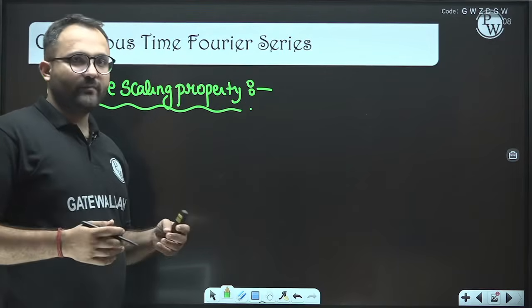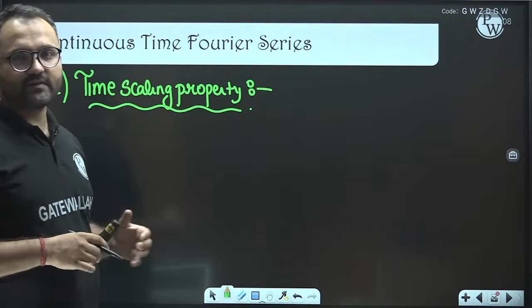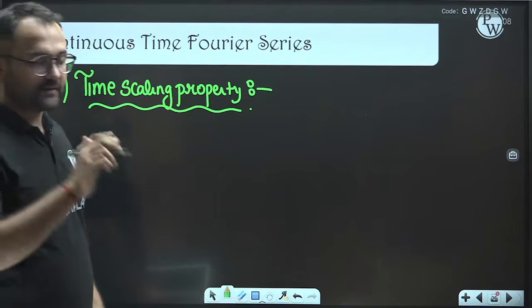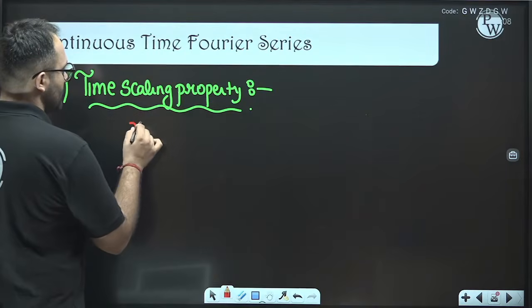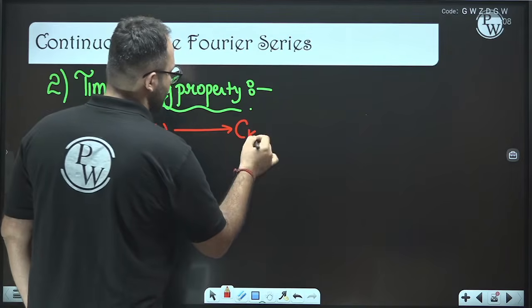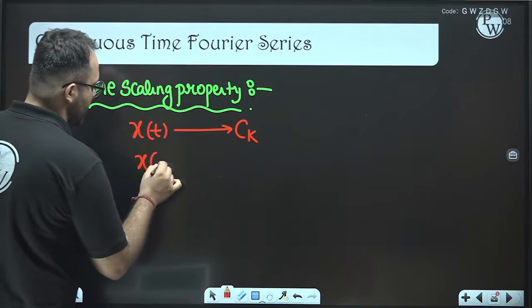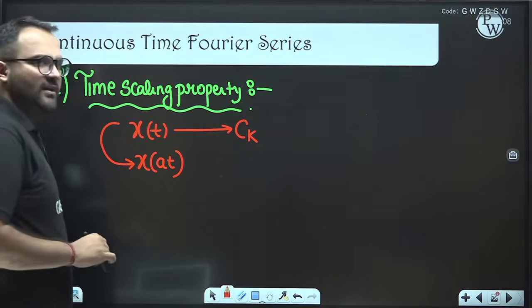It's a very simple property. You just have to remember this, because directly on this property one question came in 2018 of 2 marks. So if xt has exponential Fourier series coefficient ck, then x of at means we have done time scaling.